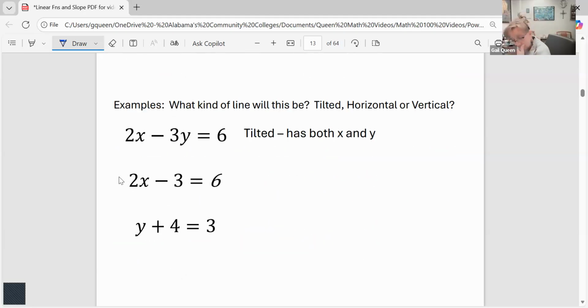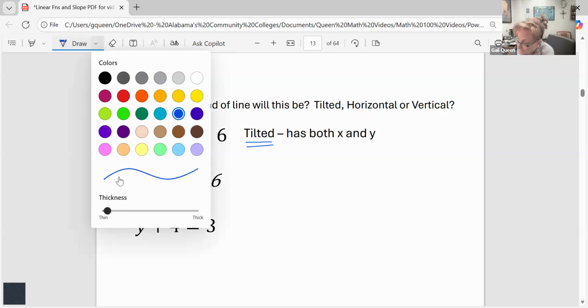Okay, so here are some other examples. And here I put these in especially. You need to be careful and not look too quickly because they will try to mess with you a little bit. Okay. All right. So the first one is pretty straightforward. You've got both an x and a y in the equation. This is a tilted line. Now look at the second example here, number 2, and be careful as you're looking at it.